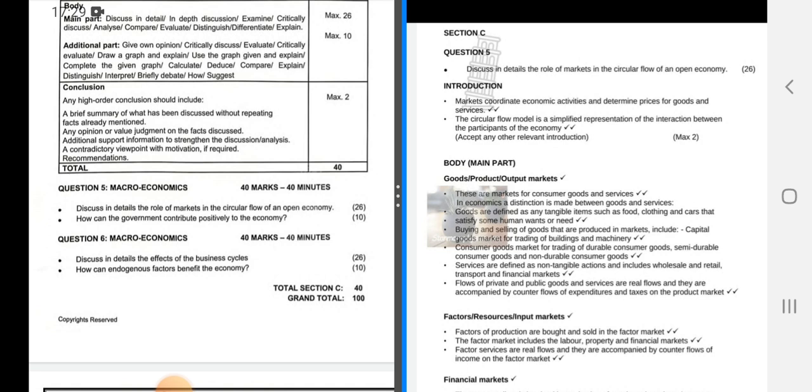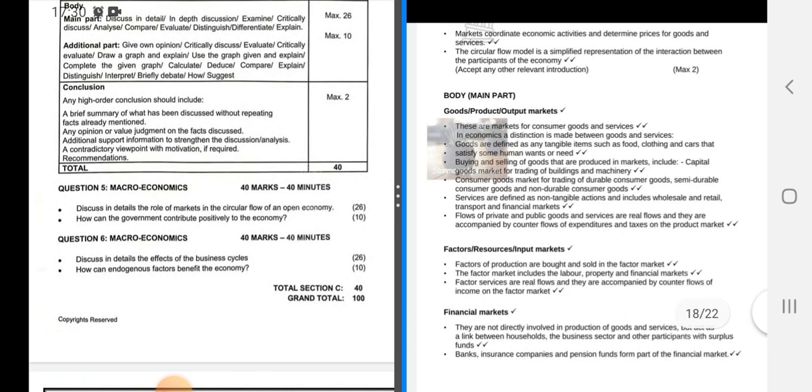Here they used: markets coordinate economic activities and determine prices for goods and services. The circular flow model is a simplified representation of the interaction between the participants in the economy. You can also give a definition of open economy. As long as you are explaining markets, circular flow, and open economy, you will get your 2 marks for your introduction.